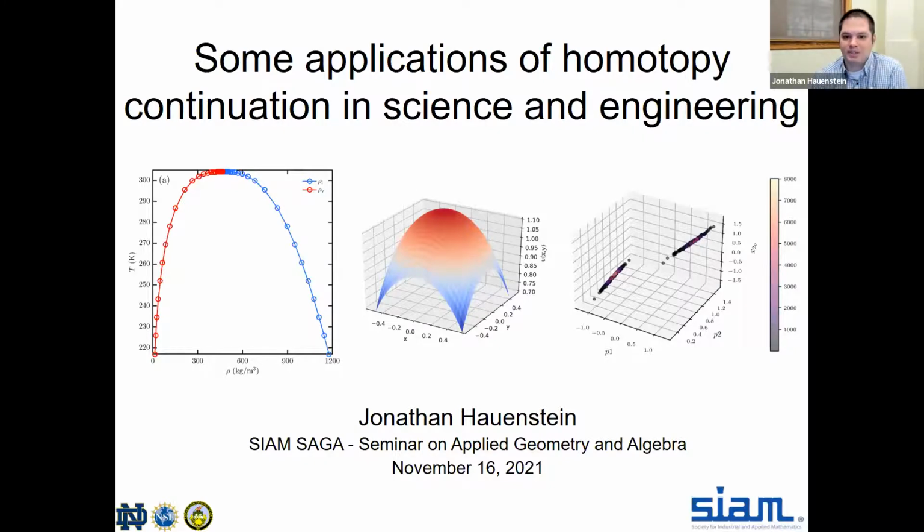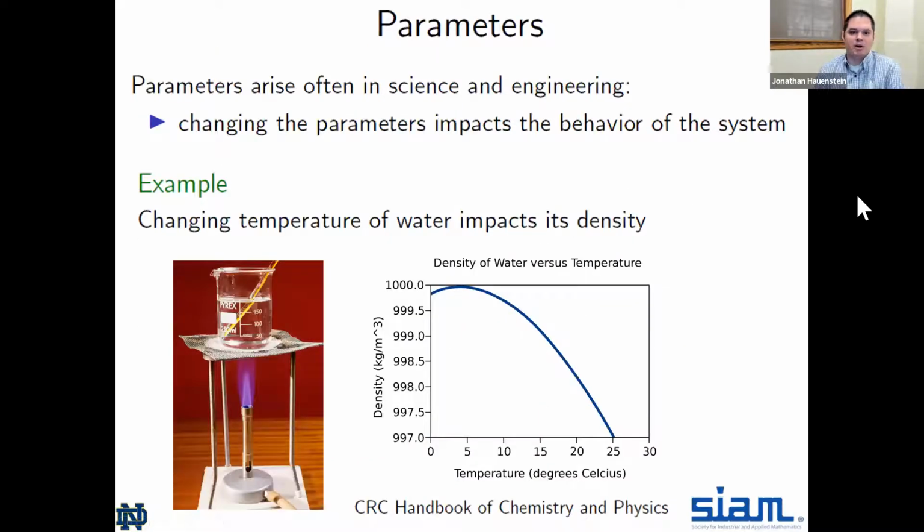So today I want to talk about some applications of homotopy continuation in science and engineering, and kind of talk about some recent work that we've been doing here at Notre Dame. So start off with is just some quick introduction on parameters. The whole idea about parameters is these are things that the user can tune.